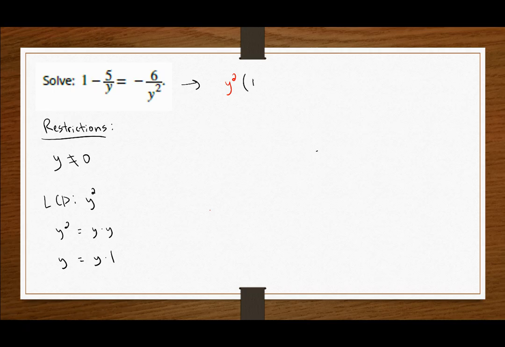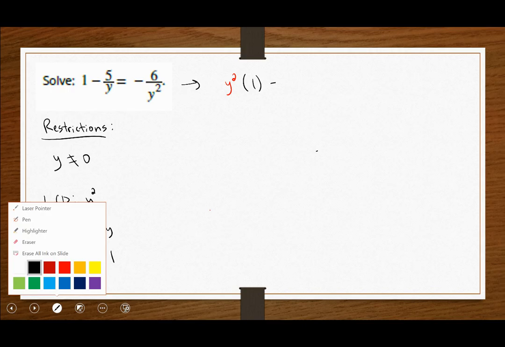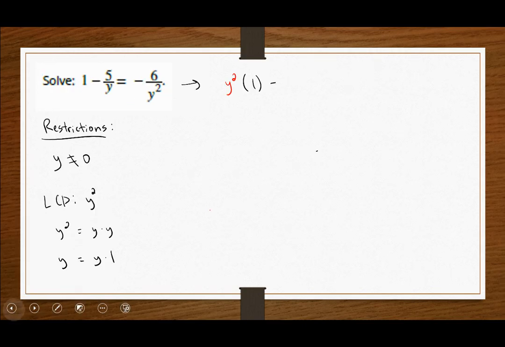So we end up with y squared times 1 minus 5 over y times our LCD. And on the other side, we have negative 6 over y squared, again, times our LCD.